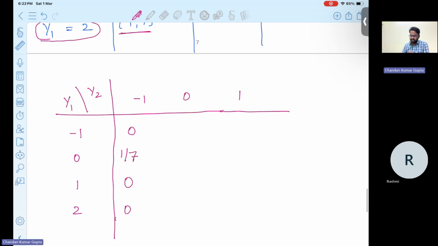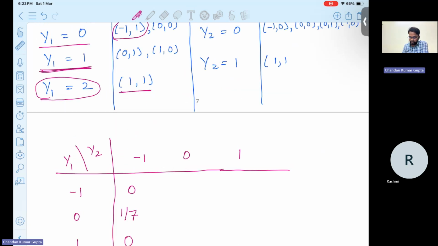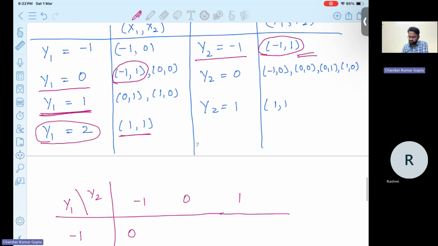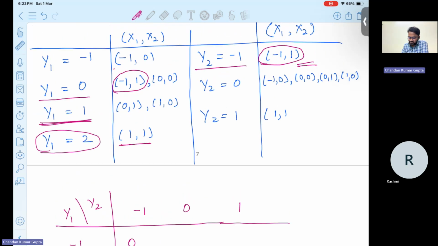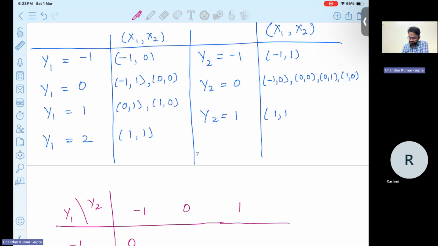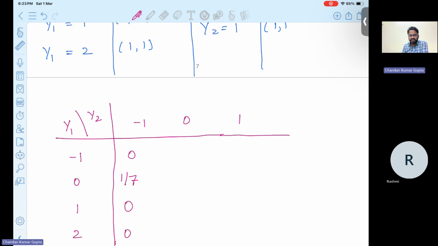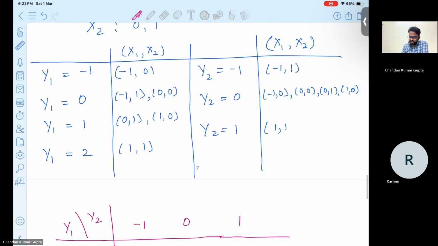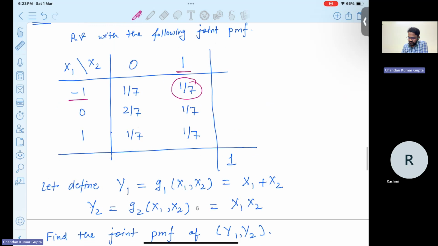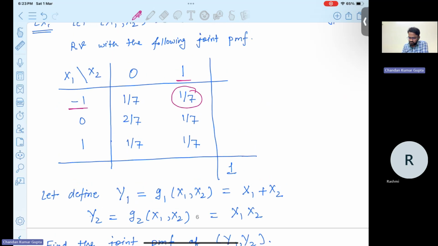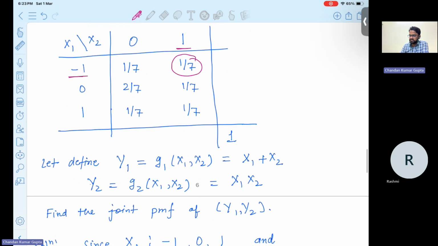In a similar manner, when y1 equal to -1 and y2 equal to 0, let me erase this so that it is easy to understand. It has -1, 0 as common, and the probability for x equal to -1, y equal to 0 is 1/7.